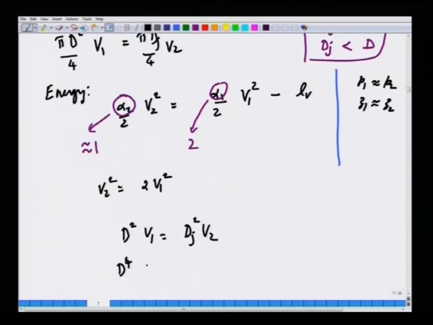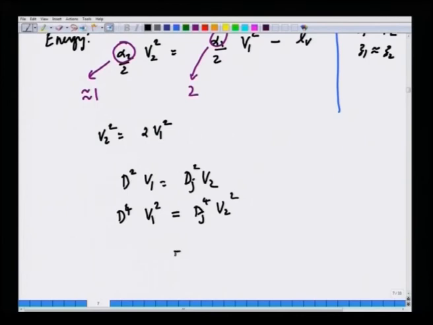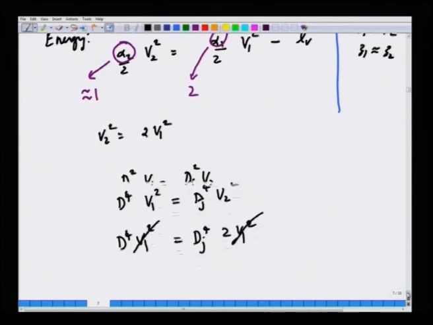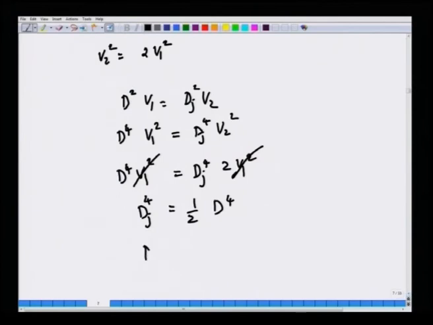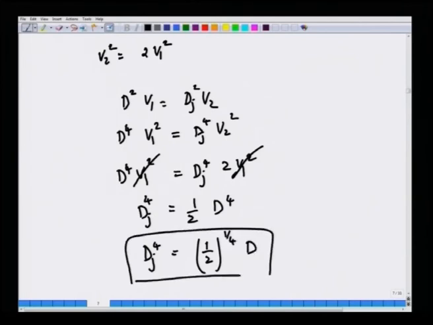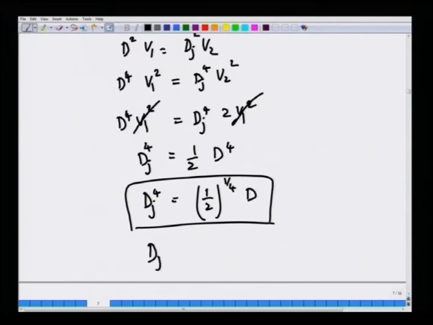If I square this equation, d to the 4 times V 1 squared is d j to the 4 times V 2 squared, but V 2 squared is simply 2 V 1 squared, so V 1 cancels off. So, d jet to the 4 is half d to the 4. So, d jet is (1/2) to the power 1/4 times d, or d jet is 0.84 d.